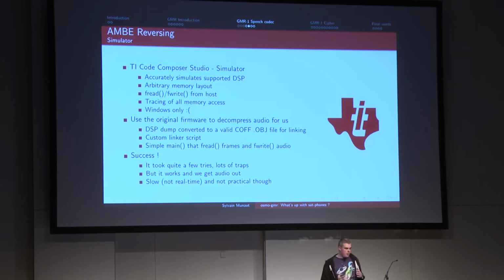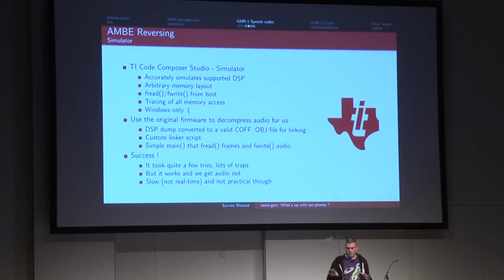I mean, you essentially just need to take the binary dump that you have from the firmware update, and you need to find a way to mix it in with your own custom code. The way to do that is basically you just create a new object file, like you would create an ELF, except in this case it's called a COFF, for common object file format.